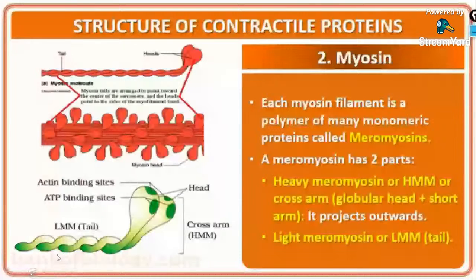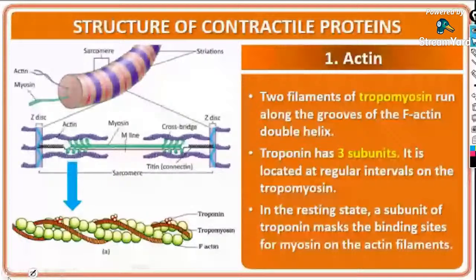Next is the myosin. So guys, I'll once again summarize all the things about actin. Each actin filament is made up of three types of proteins, namely F actin, tropomyosin and troponin.